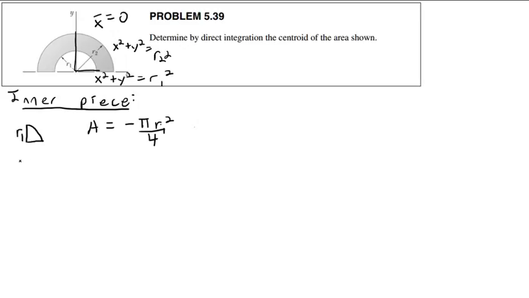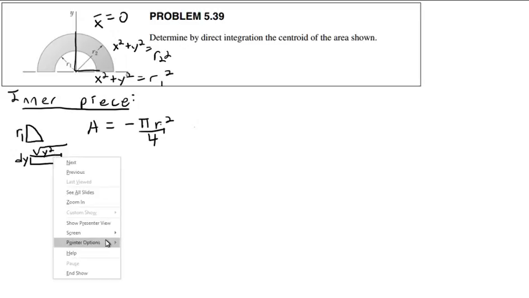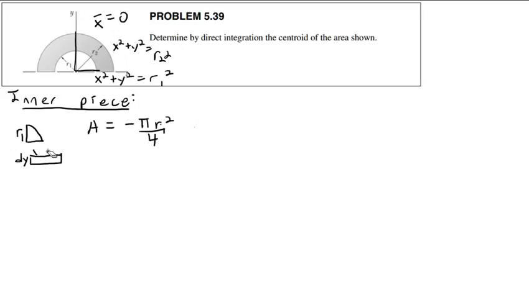Then I'm going to use again a dy, but this will simply be x equals the square root of r1 squared minus y squared, like so.